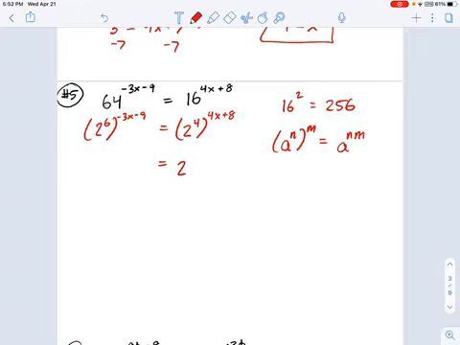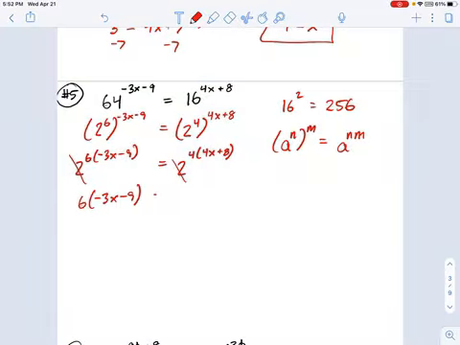So really what I'm talking about here is 2 to the power of 4 times 4x plus 8 on the right, and on the left we have 2 to the power of 6 times -3x minus 9. Well, this is great. We've got common bases, so you can drop the base. And now we get 6 times -3x minus 9 equals 4 times 4x plus 8.